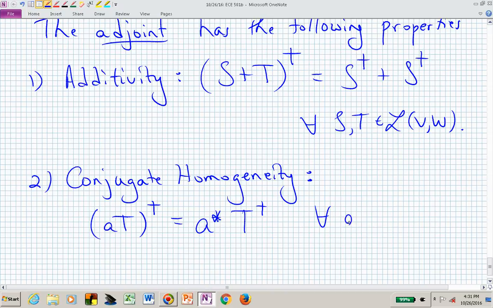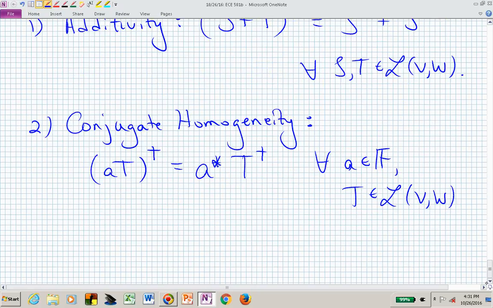And that's true for all scalars A and linear maps T mapping from V to W.